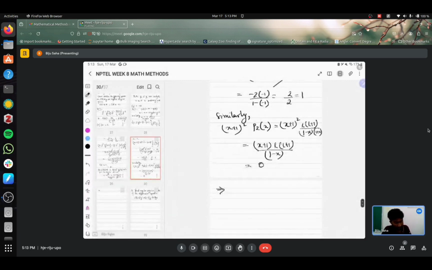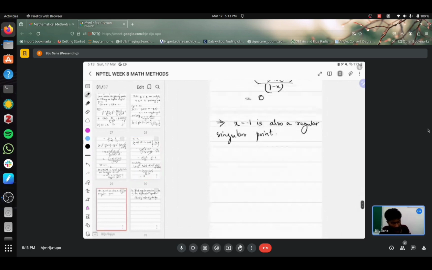So that says that x equal to minus 1 is also a regular singular point. The conclusion is that x equal to 0 is an ordinary point but x equal to plus minus 1 are regular singular points.